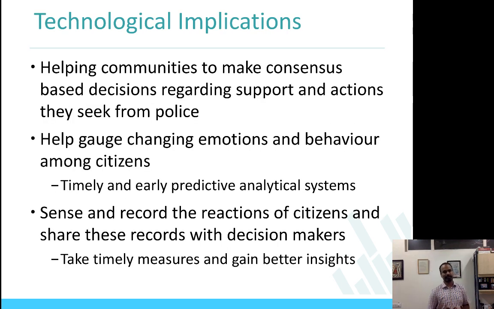Interestingly, we can also develop some technologies, helping communities make consensus-based decisions regarding the support and actions they seek from police. They can build technologies which will help these kinds of interactions and help decisions to be made, which can help have safer cities and more interactions between police and citizens. It can also help us understand the change in emotions of people. For example, I manage the police page today.